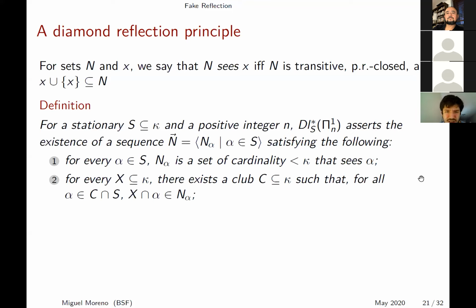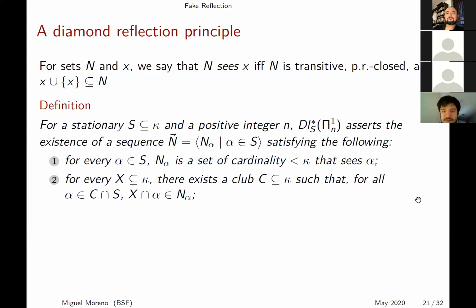The second is that it guesses. So for every X there exists a club C such that for all alpha in C intersected S, X intersected alpha belongs to N alpha. So you can see that here it looks like capturing clubs, because it's a bit more general: if you take X to be a club, basically it's capturing clubs, more or less.